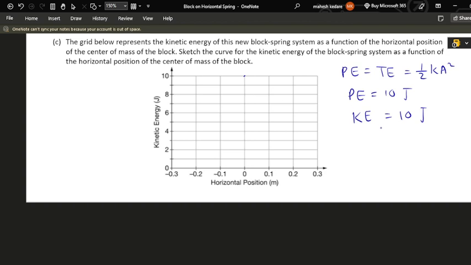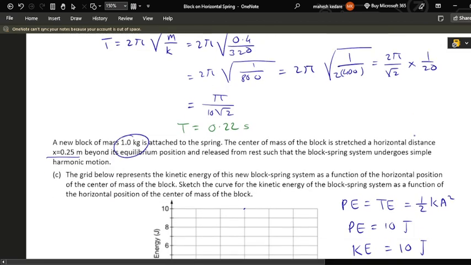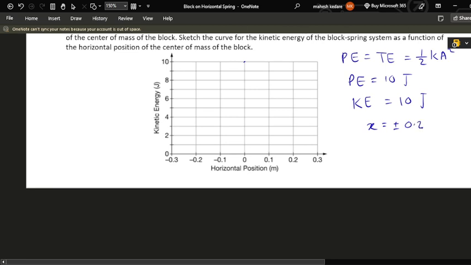Now kinetic energy becomes zero at the extreme position, and the extreme positions are at a distance of plus or minus 0.25 meter. It represents the amplitude because it is the furthest distance the mass was pulled away from the equilibrium position. So when an object is on one side of the equilibrium position, it is 0.25 meter. On the opposite side, it is minus 0.25 meter. So at this point, kinetic energy is zero.